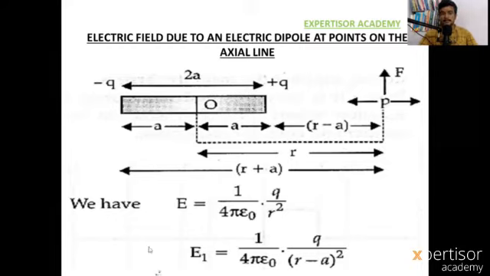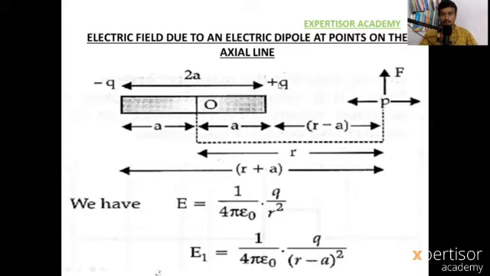Next equation. Look at the equation here. E1 is equal to 1 by 4 pi epsilon naught into Q divided by (R minus A) whole square. Why did we enter Q divided by (R minus A) whole square?